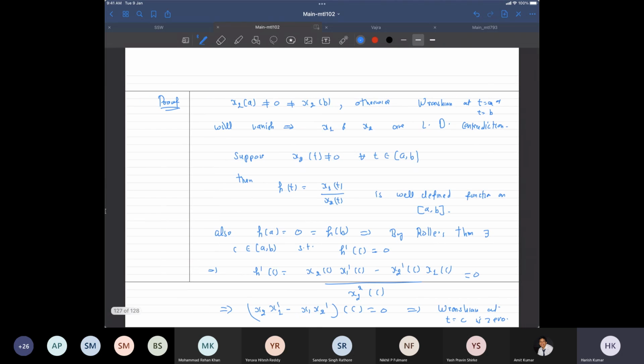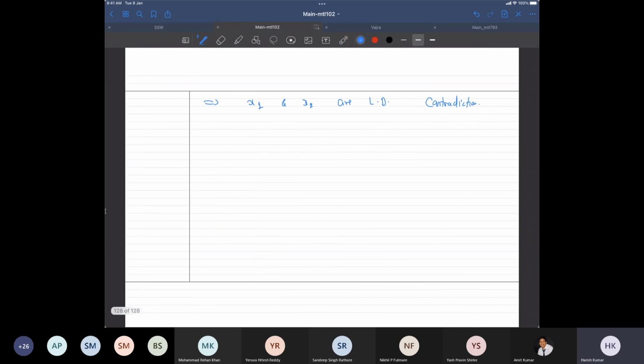So this cannot happen. So there exists a t in the open interval (a, b) such that x2(t) is equal to 0.